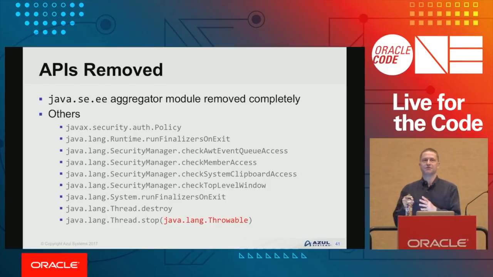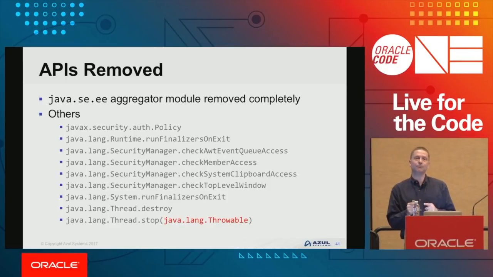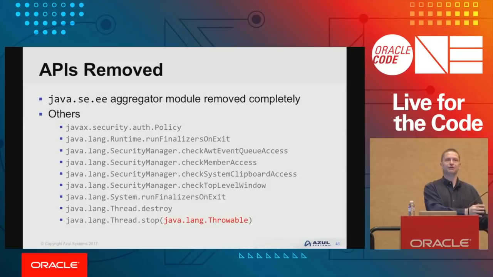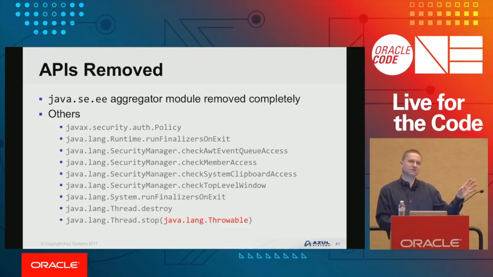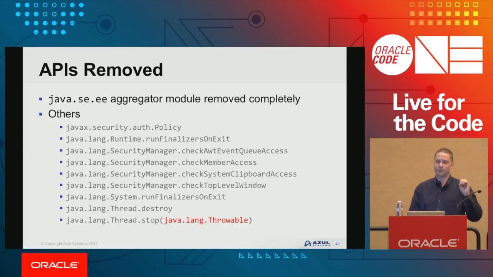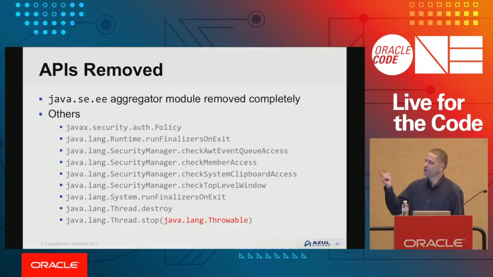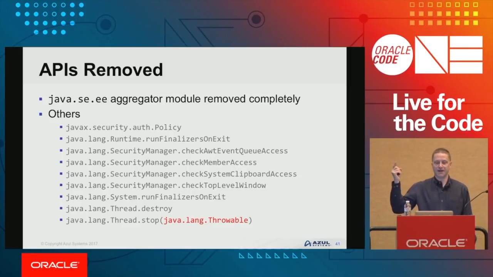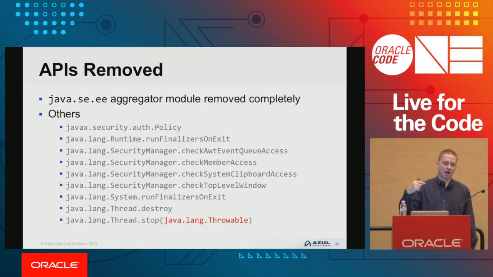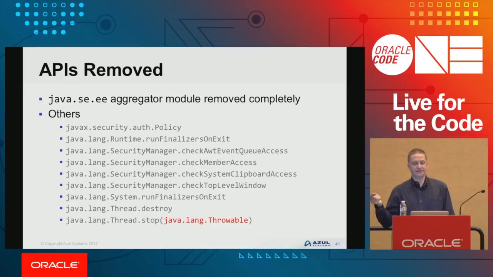A few APIs have been removed. The key thing here is that the java.se.ee aggregator module has completely disappeared from JDK 11. Whereas before in JDK 9 and JDK 10, it wasn't used by default but was still there, it has now been completely removed. A few other things that have gone, so there are various methods here: the Policy class, Runtime.runFinalizersOnExit has disappeared.